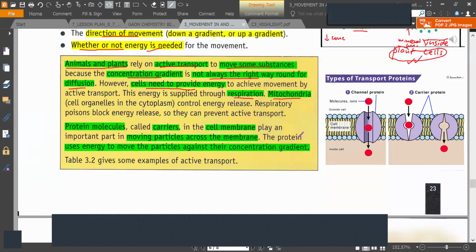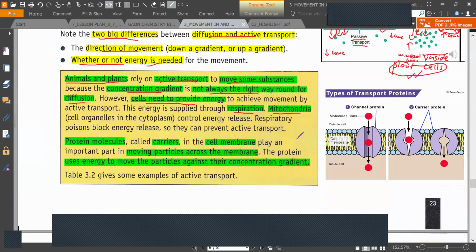Another key point is that for active transport, we need protein carriers. This is an example of a carrier protein at the cell membrane. This carrier protein is like a gate, so it can open and close. We can control this gate to bring in the substance that we want.